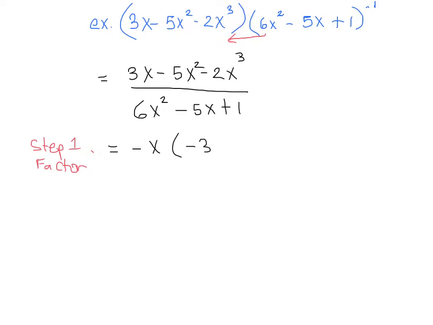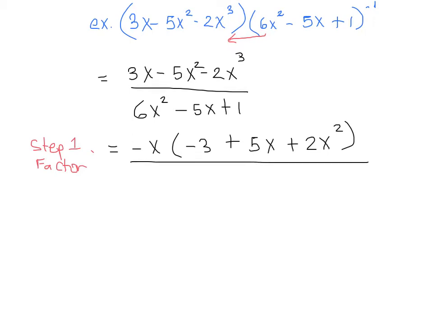When I divide negative 5x squared by negative x, I get plus 5x. And finally, when I divide negative 2x to the third by negative x, I get plus 2x squared. All right, that was a handful.